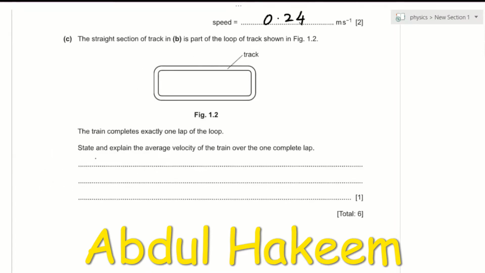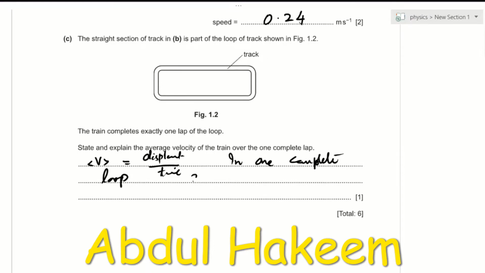Look, average velocity is equal to total displacement divided by time. So in one complete loop, displacement x is 0. Hence, average velocity is also 0 meter per second. So this is question number 1.